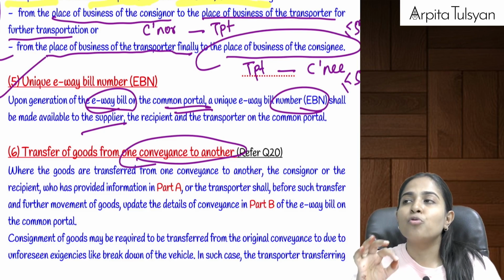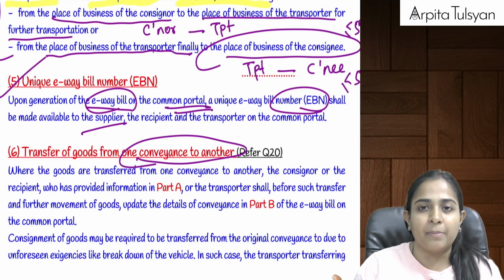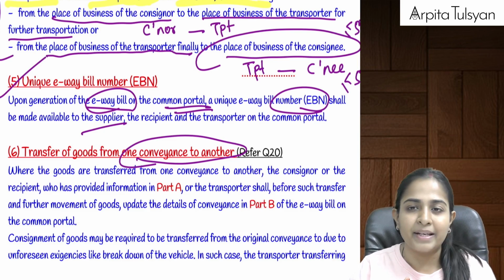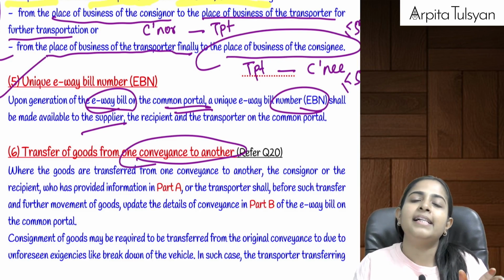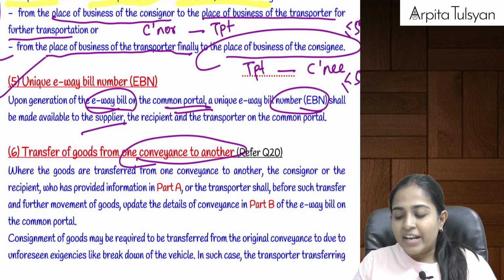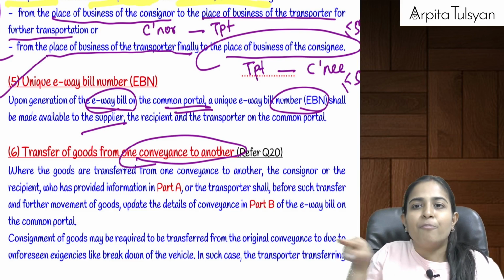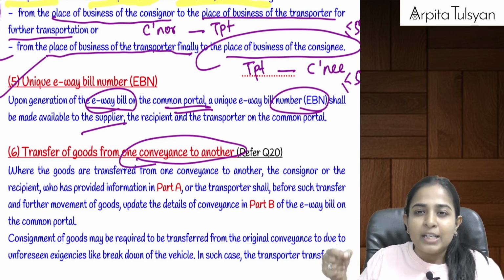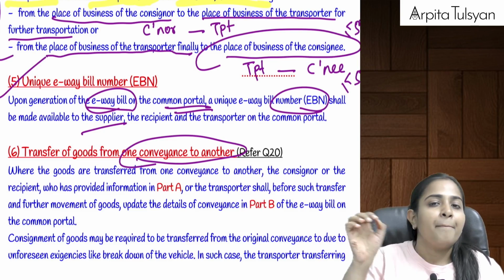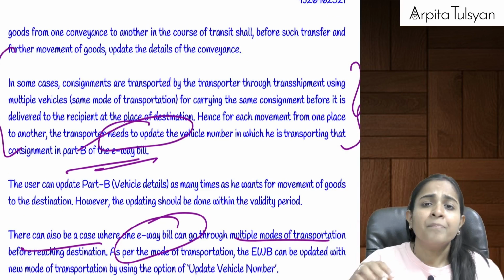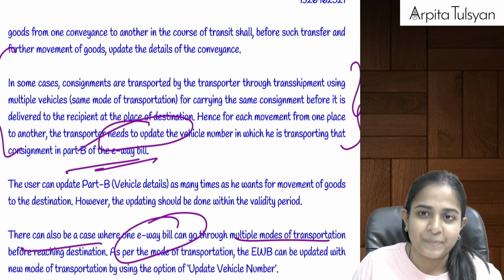Yes. So there is no need to issue a new e-way bill. Part A was already made, that is anyway going to remain the same, only the transporter's details are changing. So whenever the vehicle number is changing, before the new vehicle starts the movement of goods, make sure that you update the details of the new vehicle number in part B. And this part B can be changed any number of times.